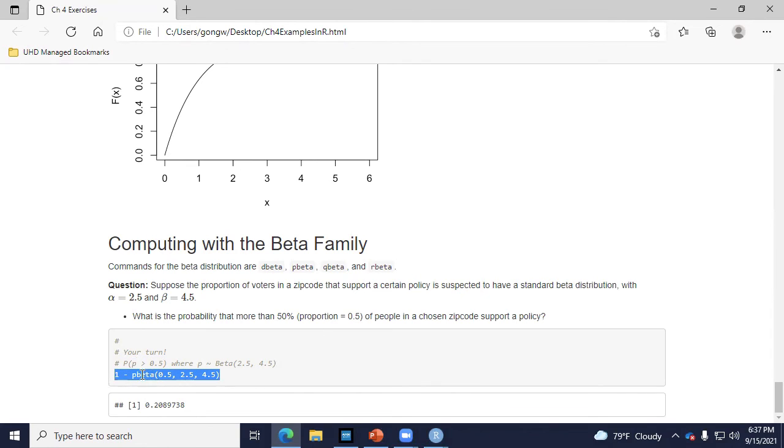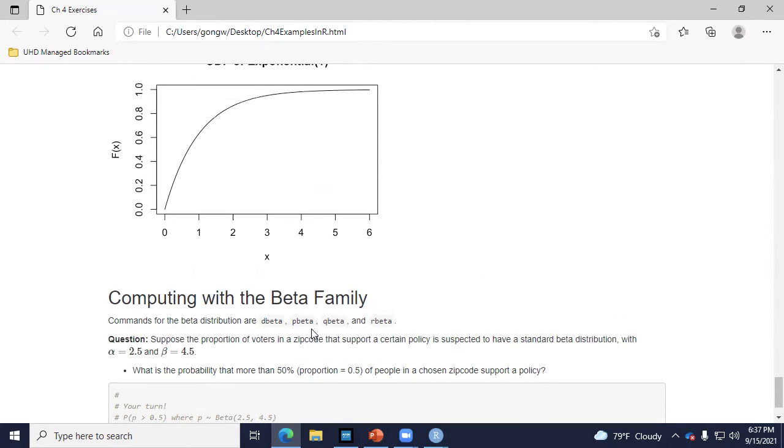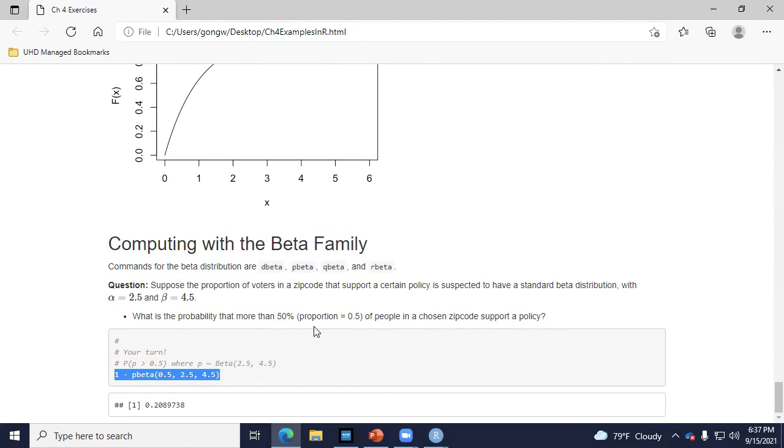Once you know those tricks, it's pretty simple. But just remembering all these distributions is a pain. Once you work more and more on this, you will get yourself familiarized.